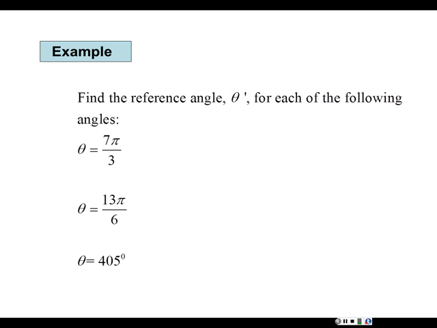Now, can you do it for 405? What happens with the 405? There are two options. If it is 405, you can simply subtract 360, because that doesn't make any difference, because you will just complete the whole cycle and then go further, which will be like starting over.